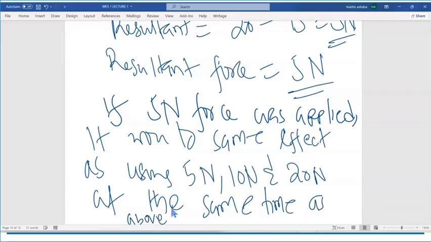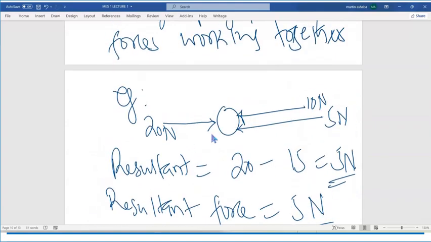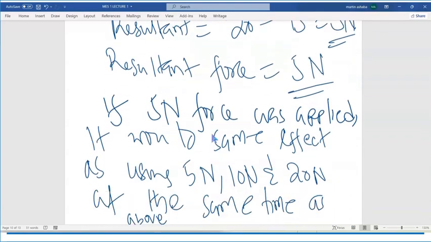If the directions change, then the resultant would change. So that's what we mean by a resultant.